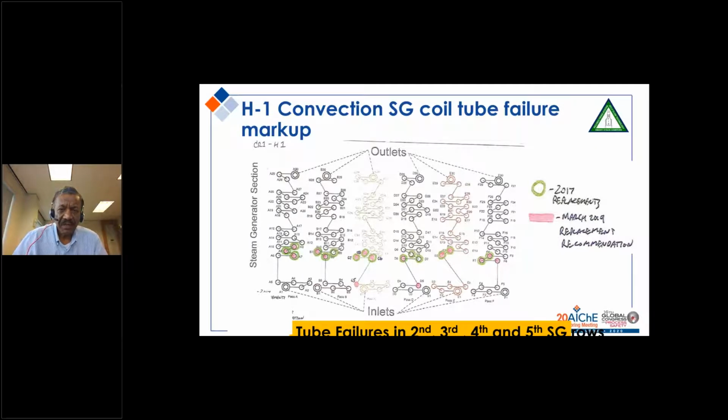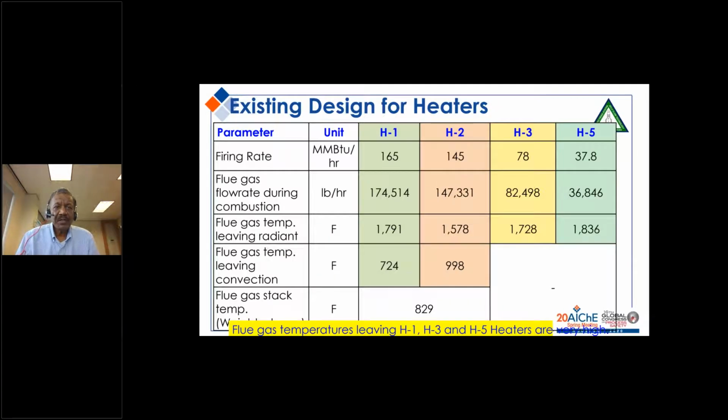We decided to study the problem, and we looked at the original design data. As I said, there were 5 heaters. Here we are presenting the data for 4 heaters. H7 was kind of independent. Firing rate for H1 was around 165 million BTUs. It was generating about 174,000 pounds of hot flue gases.